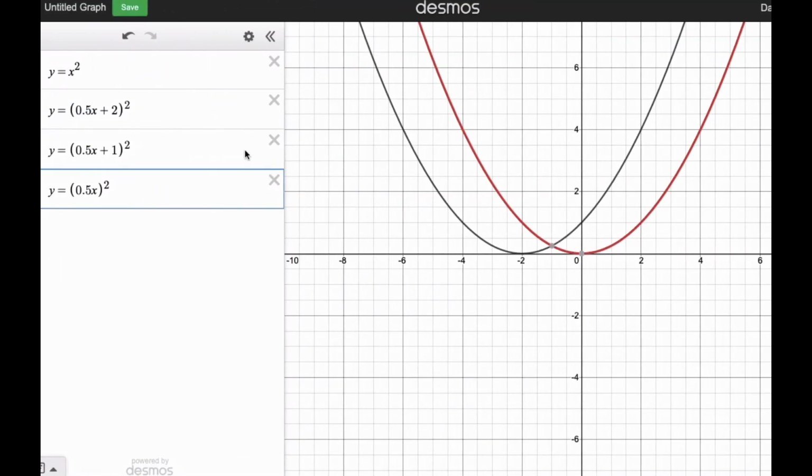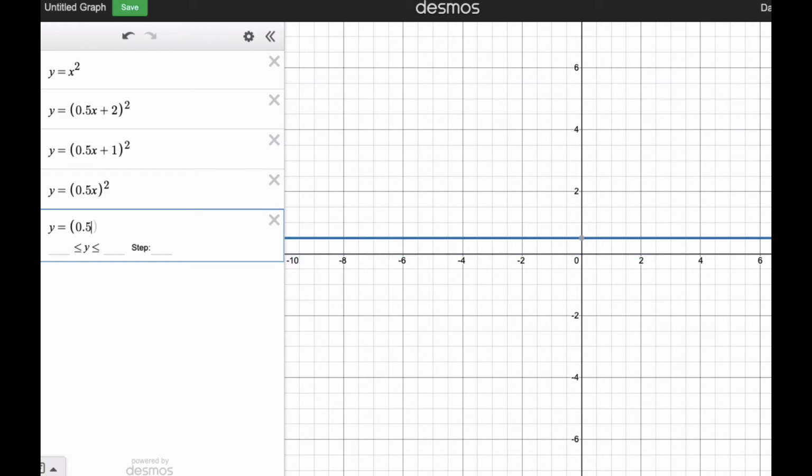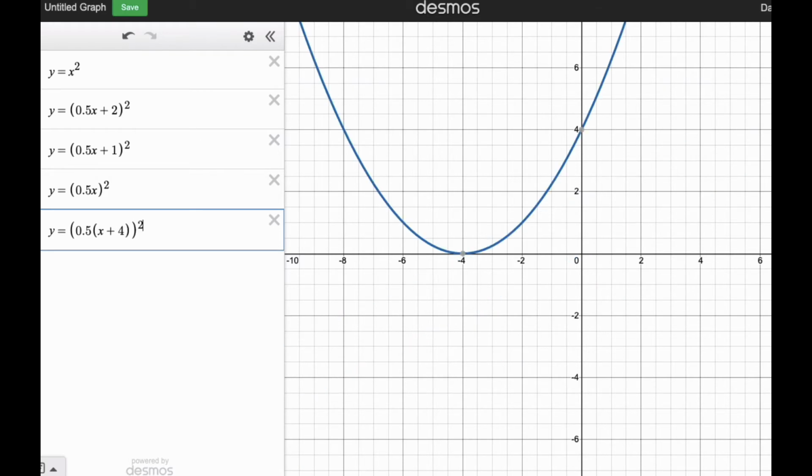And if you want to confirm that, I can show you, let me turn some of these off. If I go y equals 0.5 x plus 4 squared, there's my graph. It was shifted over 2 and then stretched out.